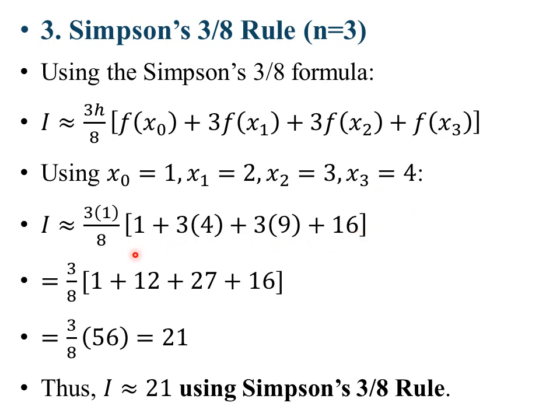Then we simplify these values, and after simplification you get 21. Thus I is approximately 21 using the Simpson 3 upon 8 rule.